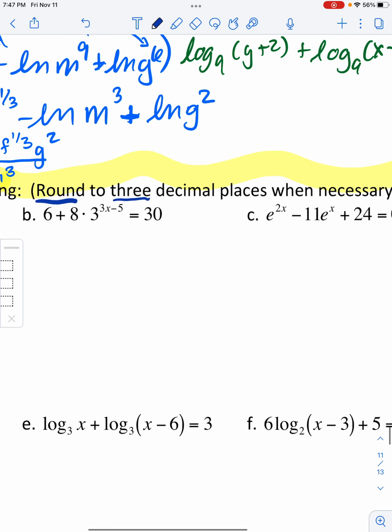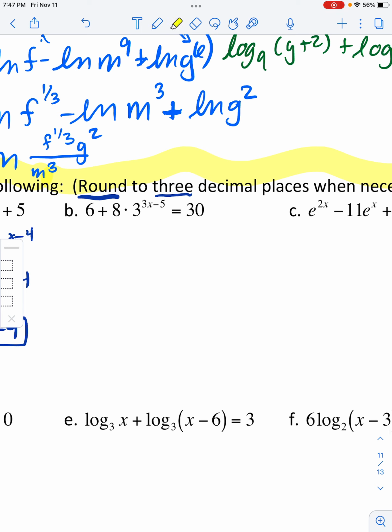There. Okay, so I need to isolate the exponential part here. And so the first thing, know how to do the steps of these, whether they are numbers or not. Could be smiley faces. You have to be like, okay, I know PEMDAS, and I know that this thing, whether it's a smiley face or a 6, has to get subtracted to the other side.